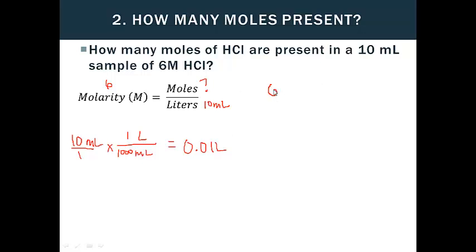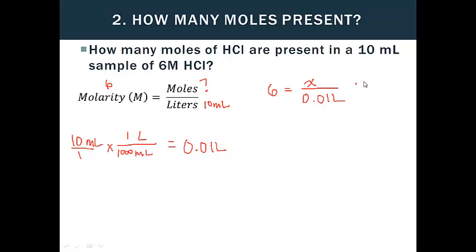Okay, now I need to solve for moles. I know that my molarity is 6. I'm solving for moles, and I'm dividing by 0.01 liters. So I need to get the x by itself, which means multiply both sides by 0.01.